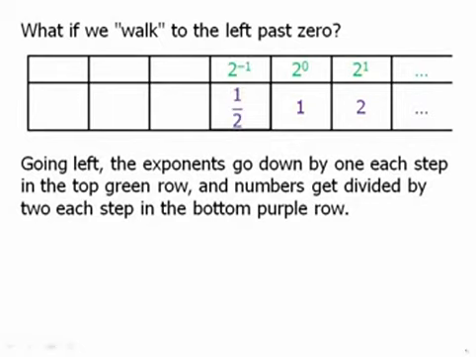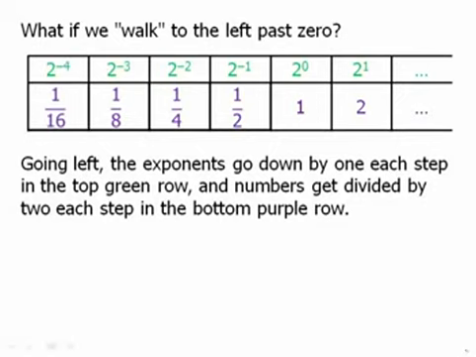2 to the -1 equals 1/2. Now take another step. That would be 2 to the -2 equals 1/2 divided by 2, which would be 1/4. Take another step: 2 to the -3 and 1/8. Then 2 to the -4 and 1/16.